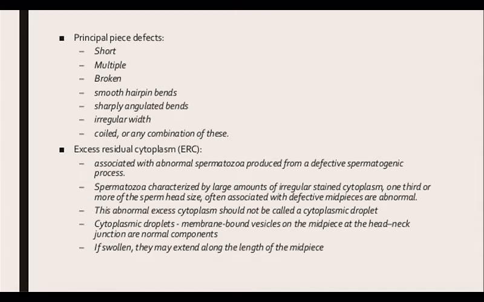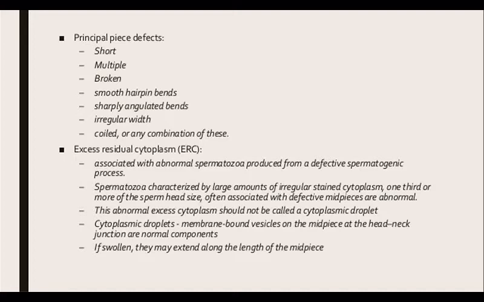Principal piece defect: it may be short, multiple, broken, smooth hairpin bend which appears like a hairpin, sharply angulated bend, angular bend, irregular width, coiled, or a combination of any of these.